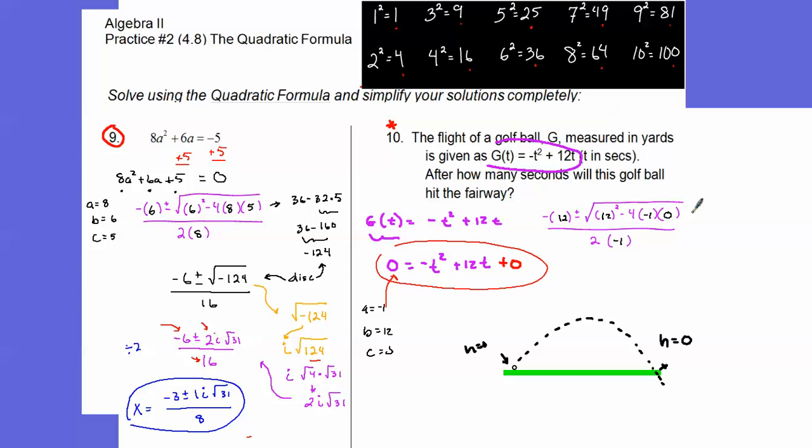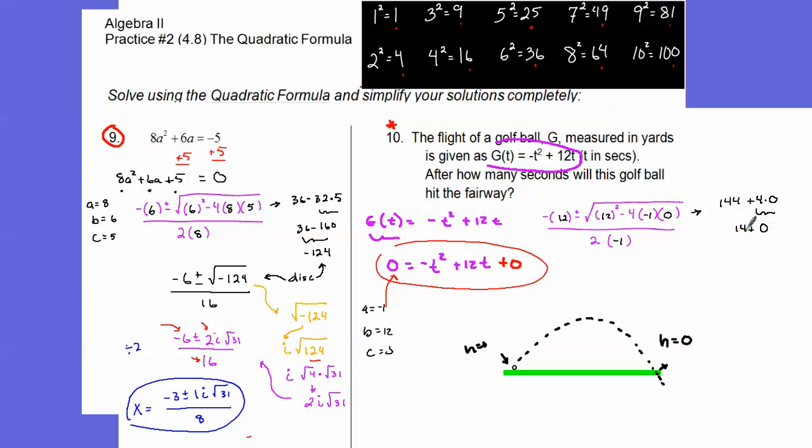When we calculate the discriminant in this particular case, we will have 12 squared, which is 144, minus 4 times -1, giving a positive 4, which is then multiplied by 0. This part here will become 0.